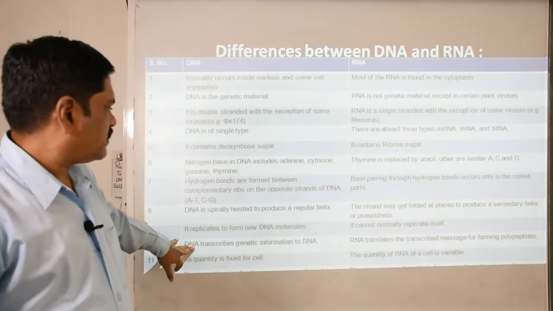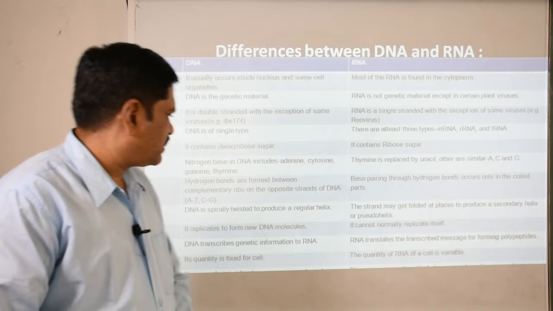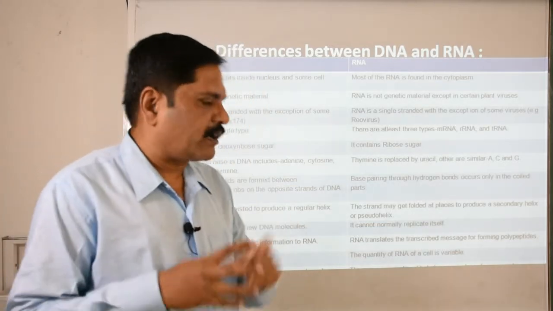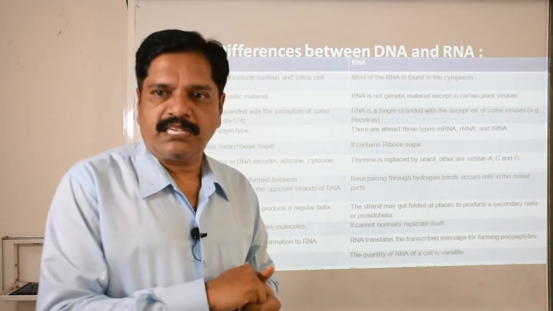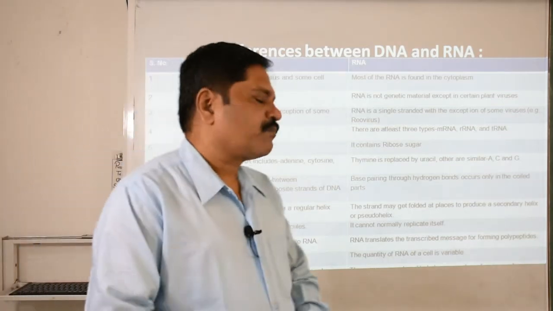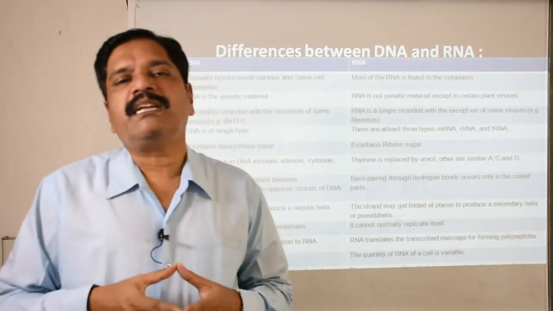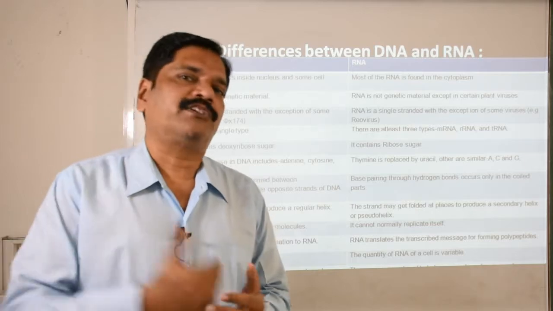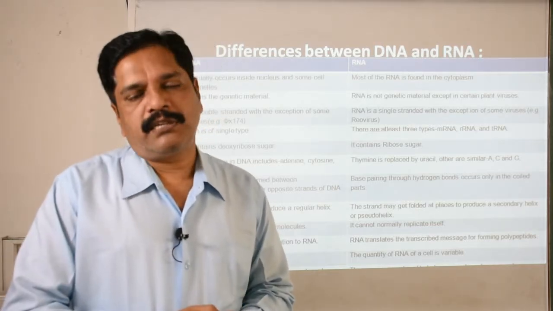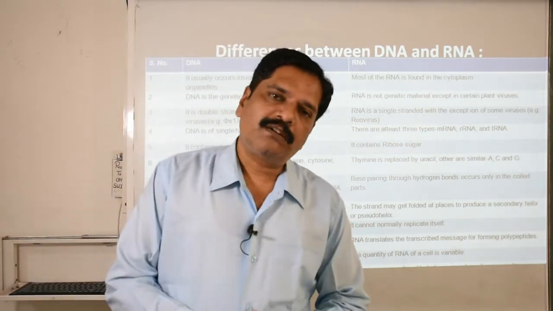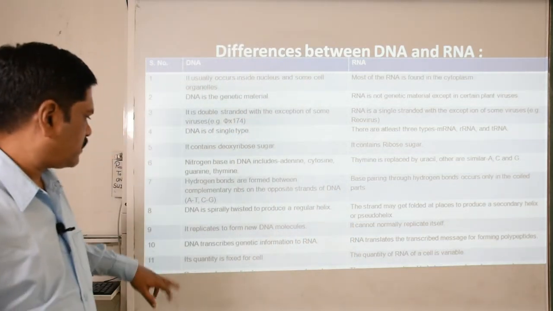Now this DNA transcribes the genetic information to RNA, while RNA cannot transcribe information to DNA, but it transfers this information, taken from the DNA, in the form of translation of the polypeptide chain, or a specific series of amino acids, to synthesize the protein or a specific polypeptide chain, right?